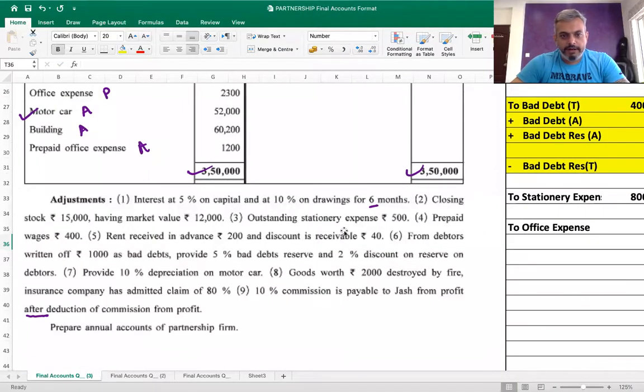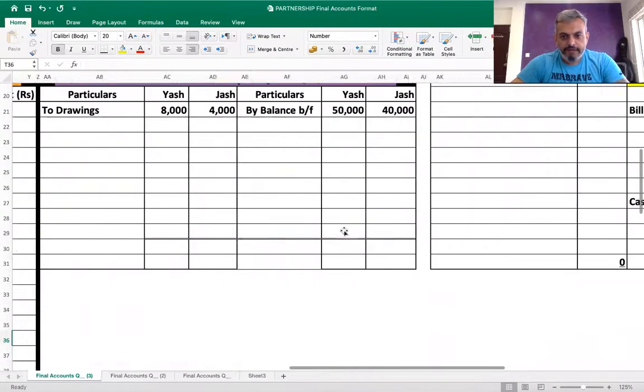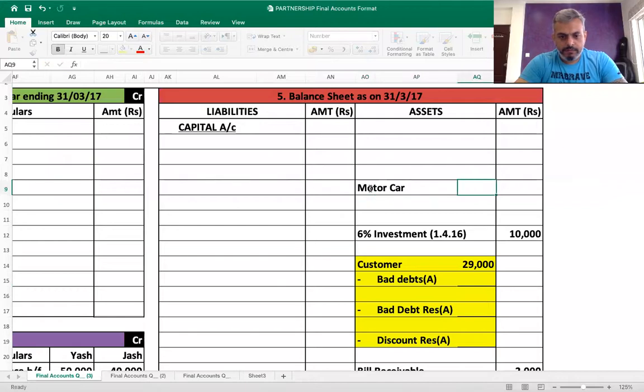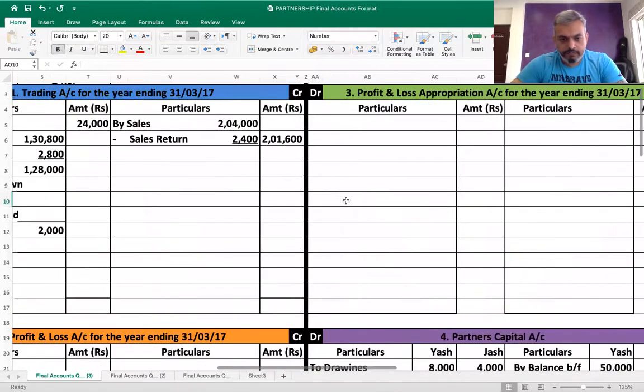Then motor car 52,000 balance sheet asset. Motor car inner column 52,000.